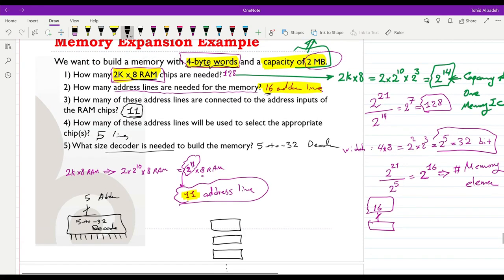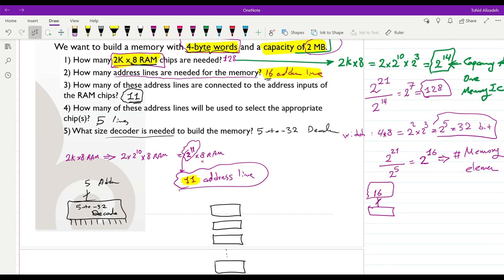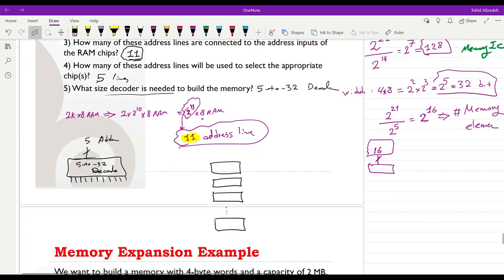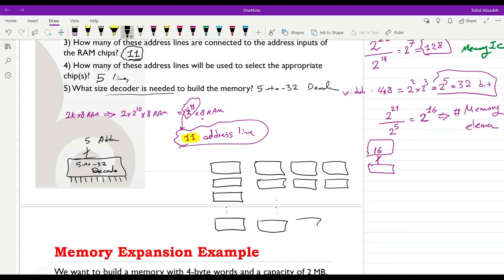So 4 times 8 divided by 8, we will have 4 columns, as you can see over here. So we have it in the form of a matrix with 32 rows and 4 columns.